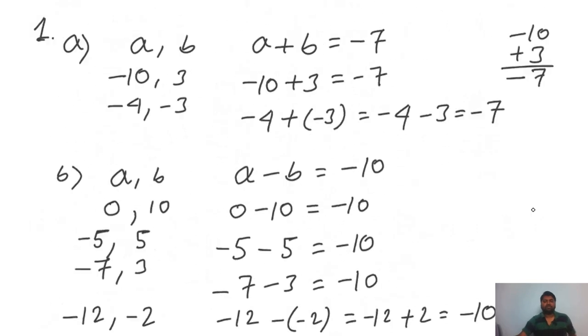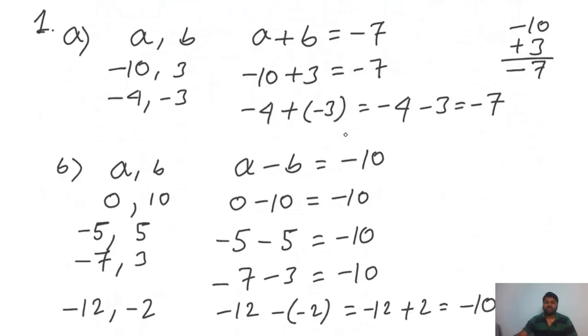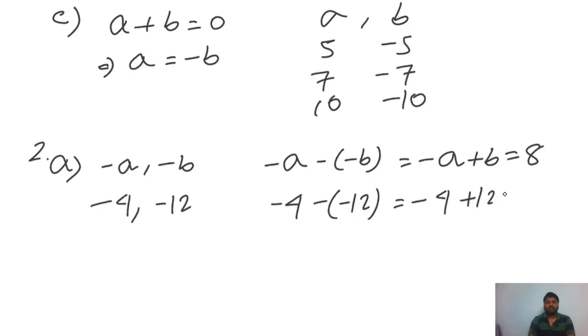So here we take two numbers, suppose minus 4 and minus 12. Then we get minus 4 minus of minus 12, because here it is the difference. Then we get minus 4 plus 12, that means plus 8, because the sign of 12 is positive.